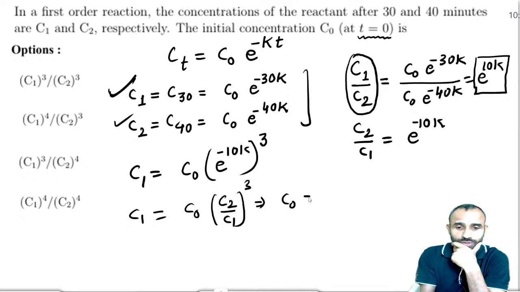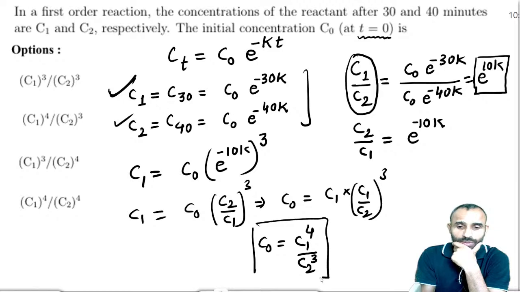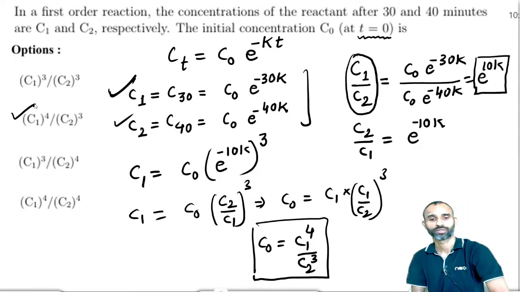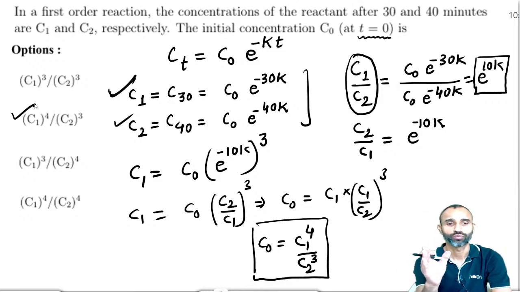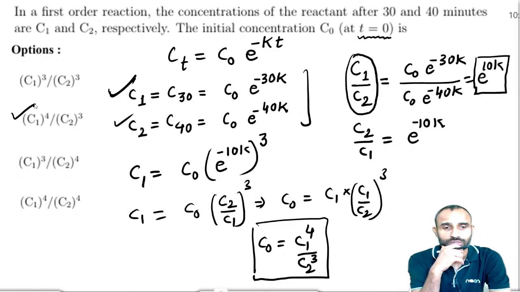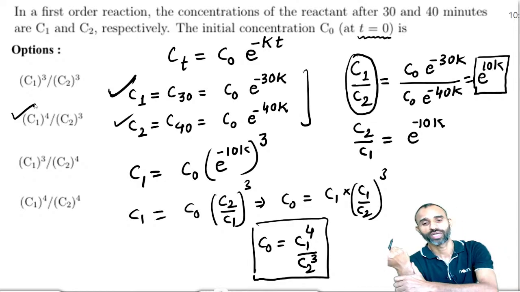It comes out to be 1 into 1 by 2 raised to power t is 1 raised to power 4 divided by c. That means the second option is correct. We just have the concentration of the reactant after 30 and 40 minutes, C1 and C2; the initial concentration we have to find out.